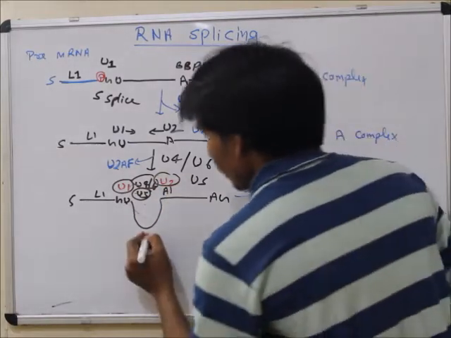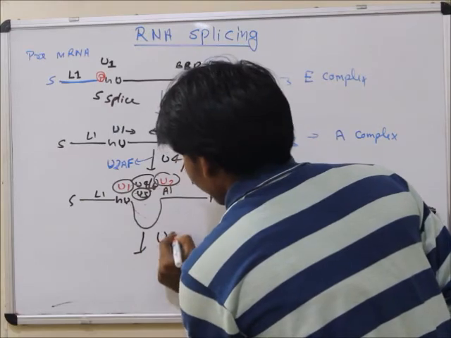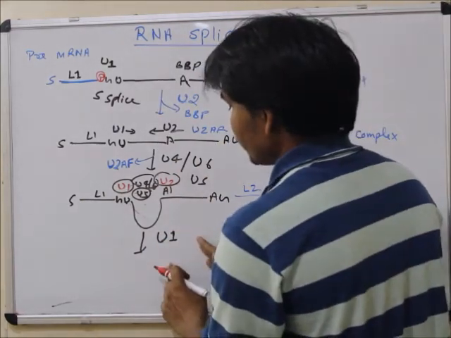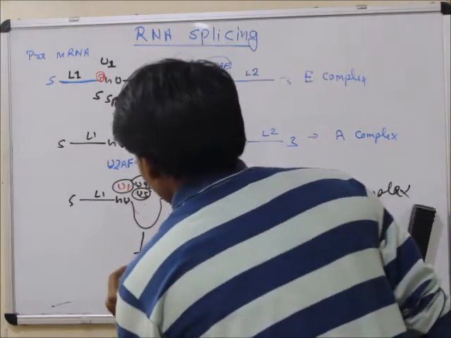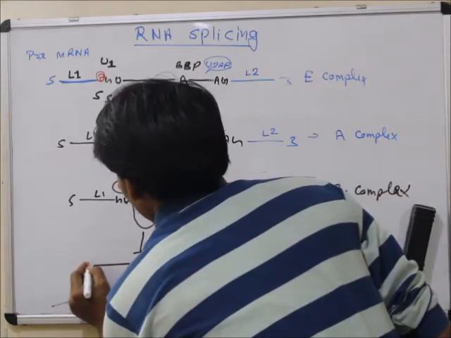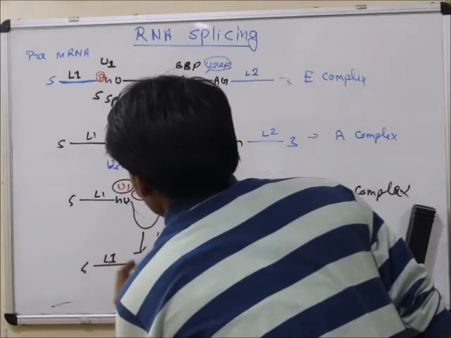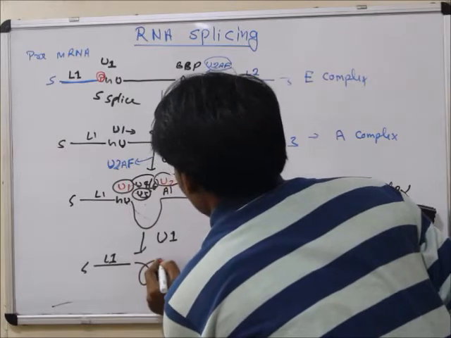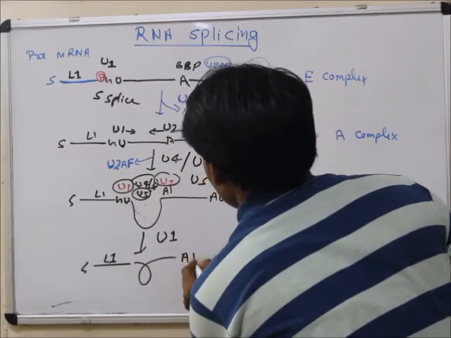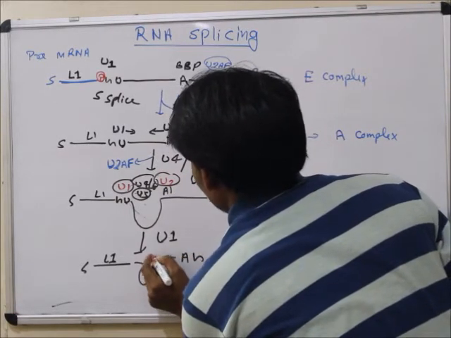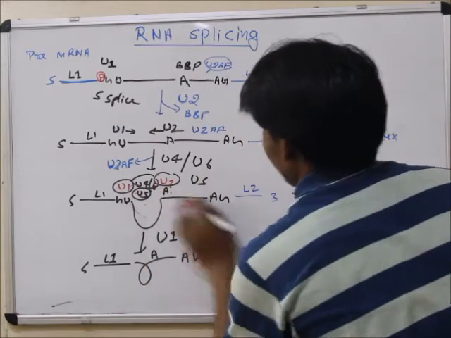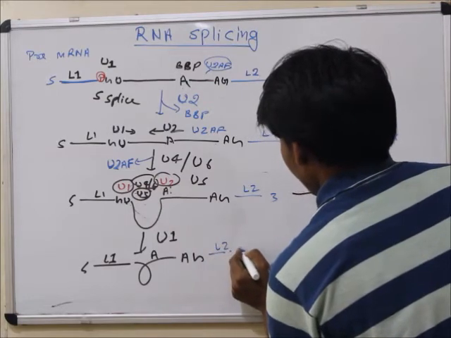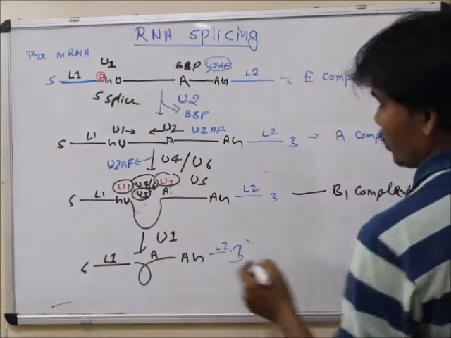Then first release U1. The structure shows 5' L1, AG, A, and L2, 3' sides.